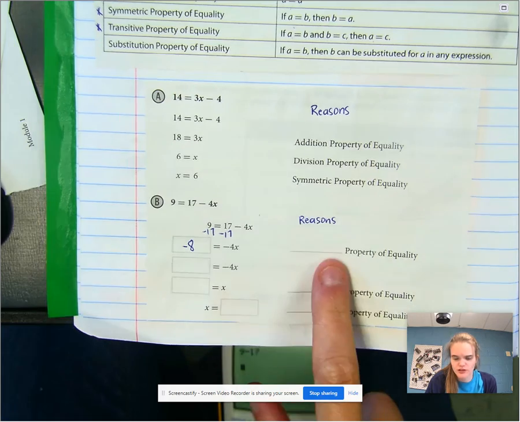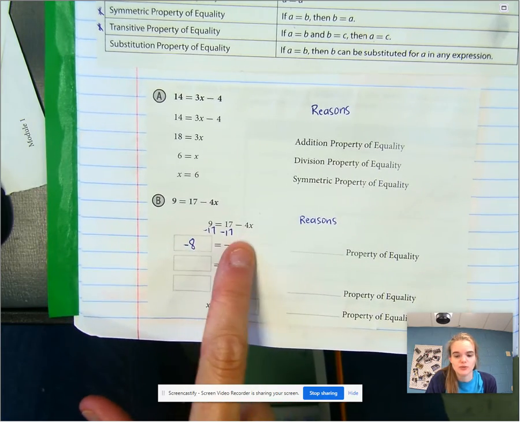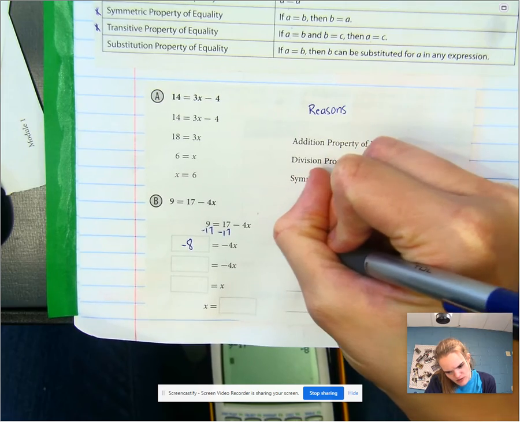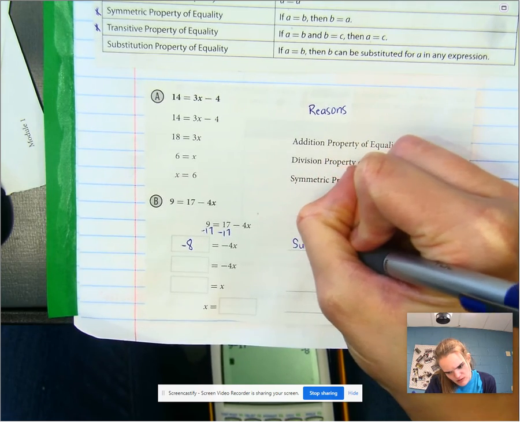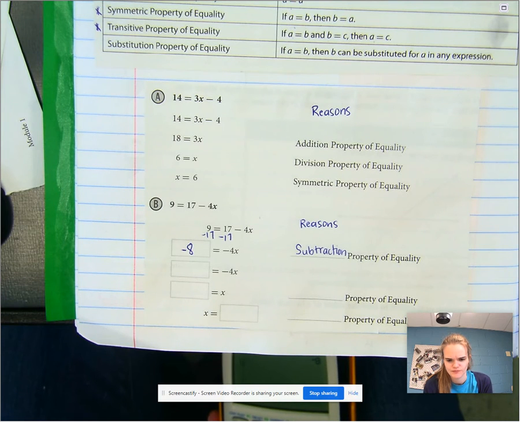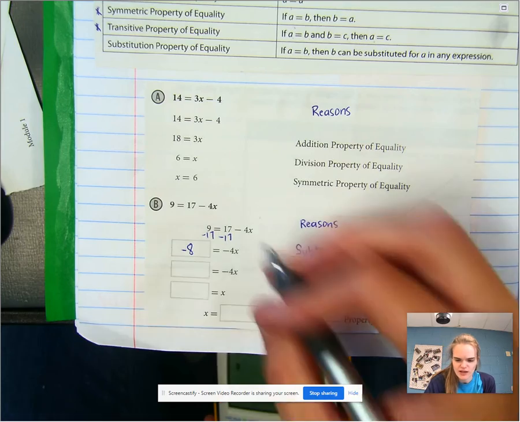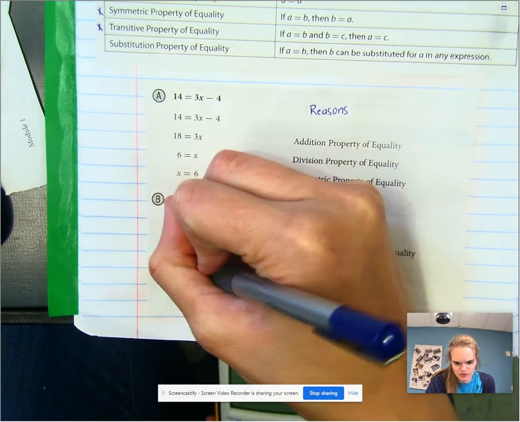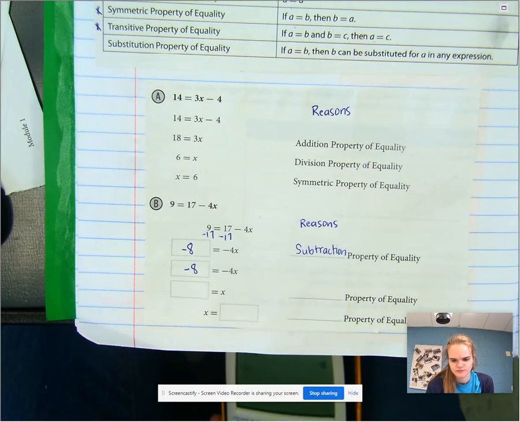All right, here's what goes here. Whatever we did right here, we subtracted, goes here. Subtraction property of equality. Okay. This extra blank is here because they wanted me to write 9 minus 17 here, and I didn't. So I'm just going to bring down negative 8.